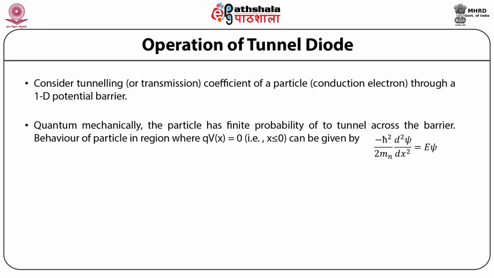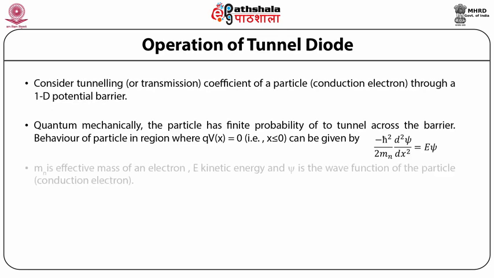So, the behavior of the particle in the region where qV(x) is equal to 0, that is x less than or equal to 0, is given by minus ħ square by 2mn multiplied by d square psi by dx square equal to E psi, and we can represent this by d square psi by dx square equal to minus 2mnE by ħ square psi.